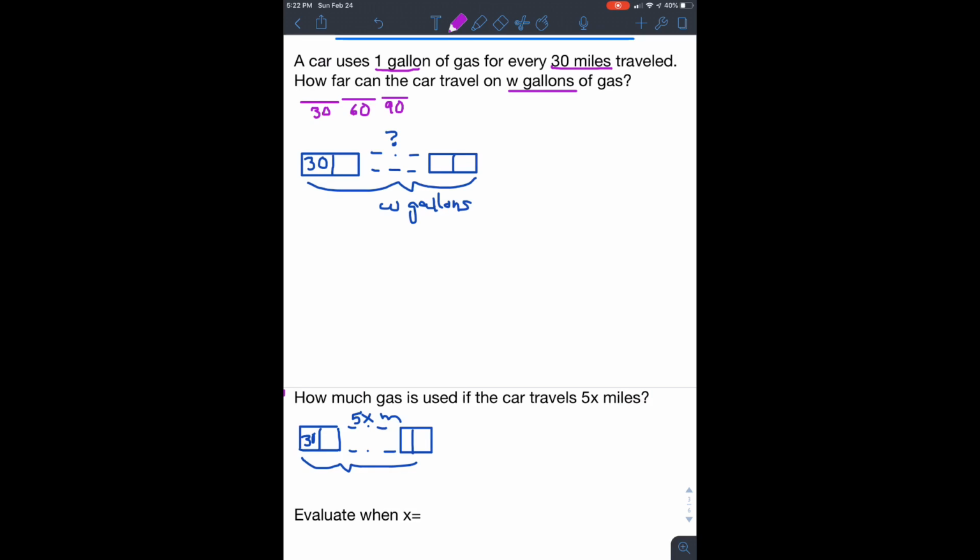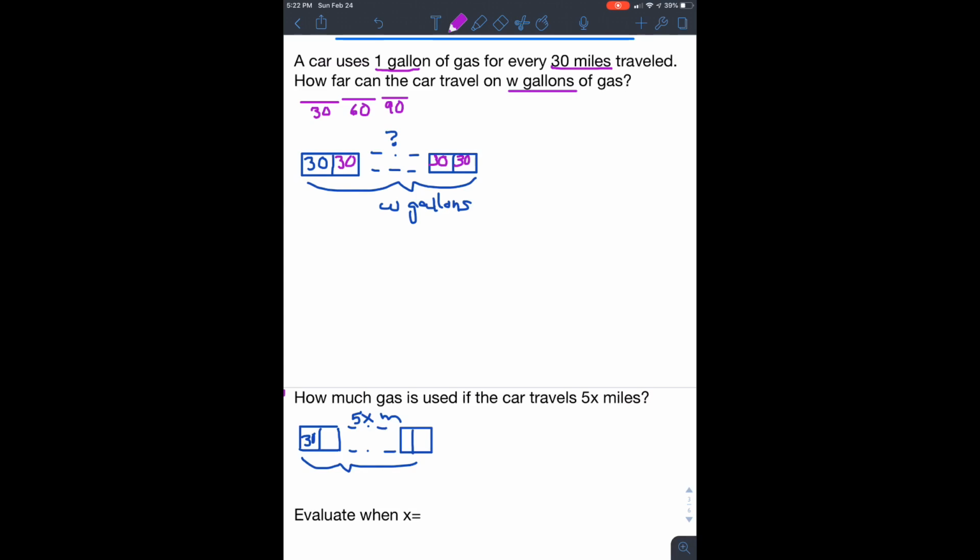So it's asking, how far can a car travel on W gallons of gas? So I made my model here. Each part is 30, just like when I was thinking it out on the top there in the purple. So each one of these is 30.